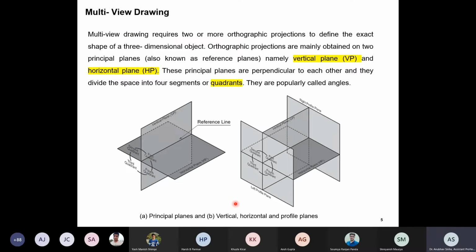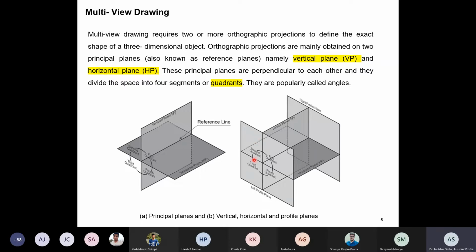Before we go to examples, we'll also look at different planes. We'll take one vertical plane and one horizontal plane. They cut at 90 degrees, and we'll define quadrants: first, second, third, and fourth. There are 4 quadrants. Mostly we're talking about the vertical plane, written as VP, and the horizontal plane, written as HP.